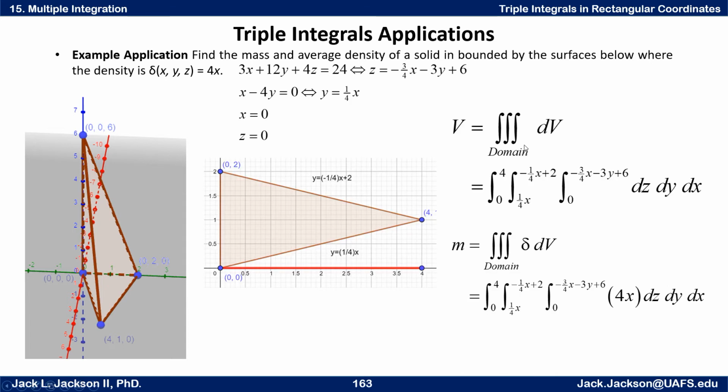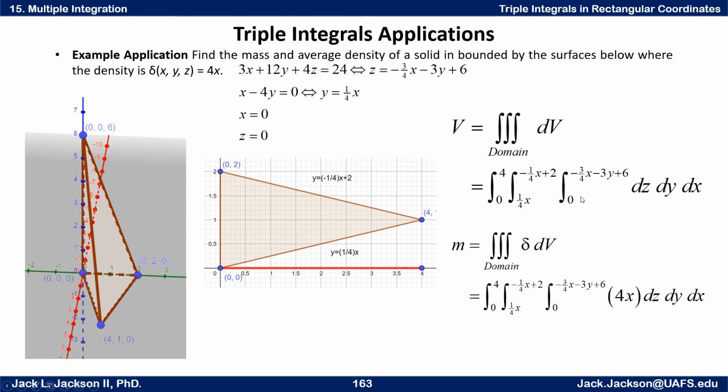Okay. The first thing is we're setting up the volume formula. The volume is the integral over the domain of dV. So we're just integrating the function 1 here. Now, the way this is set up, no matter where we are at the bottom, if we go straight up, we're starting at z equals 0, and then we're going up till we hit this slanted surface, this z equals negative 3/4 x minus 3y plus 6.